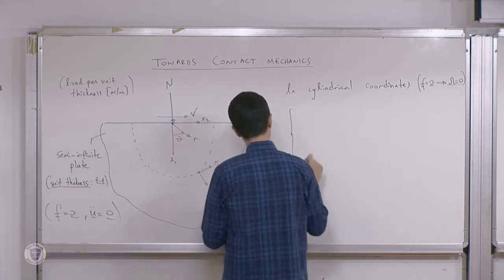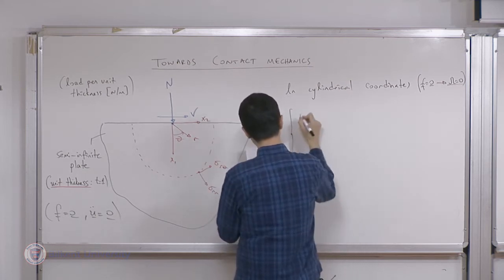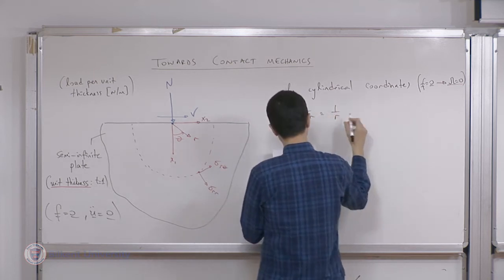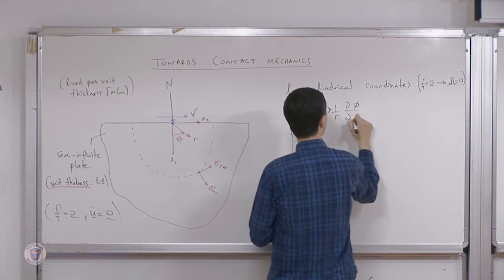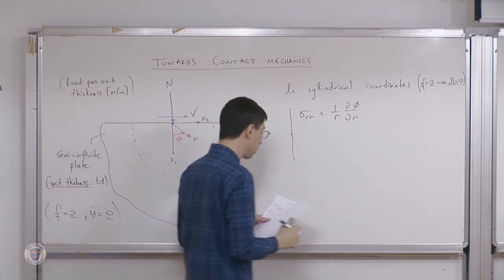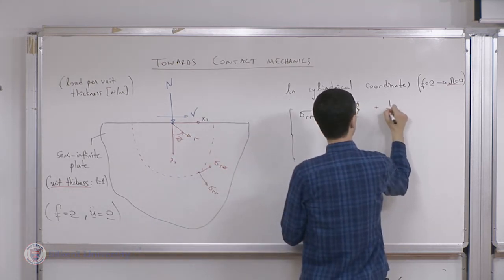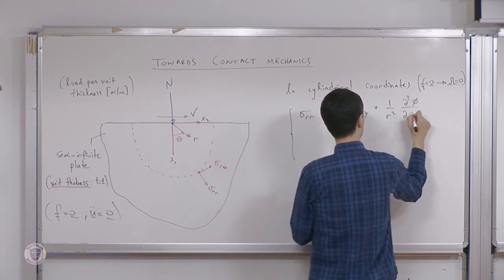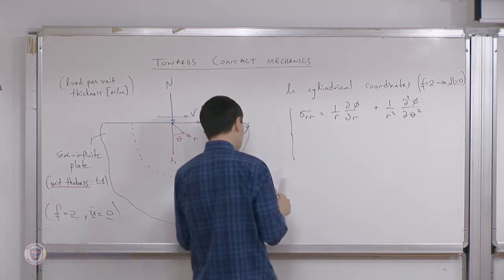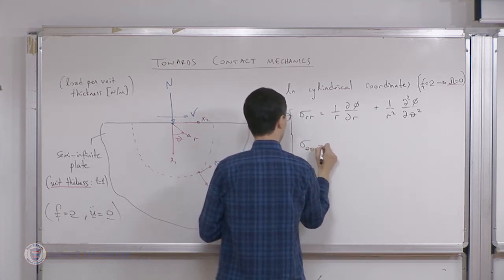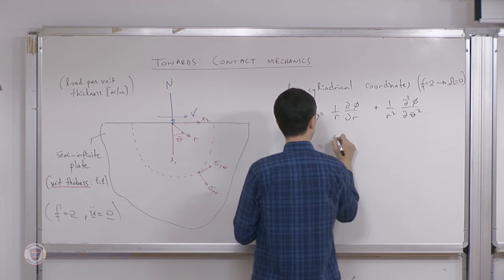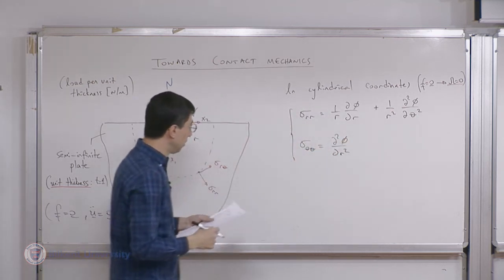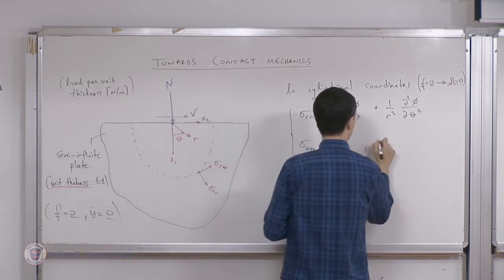For stresses, we will use sigma rr is 1 over r del phi over del r, where phi is the Airy stress function, plus 1 over r squared del squared phi over del theta squared. And then we have the theta theta component, and the sigma r theta component.